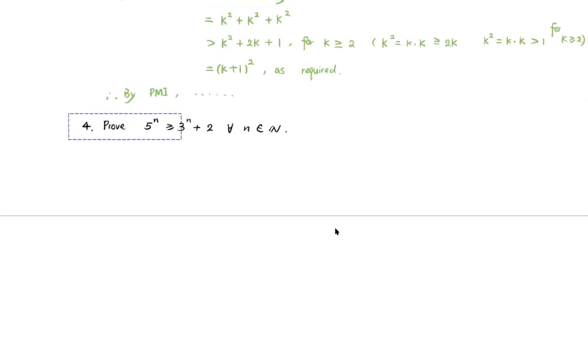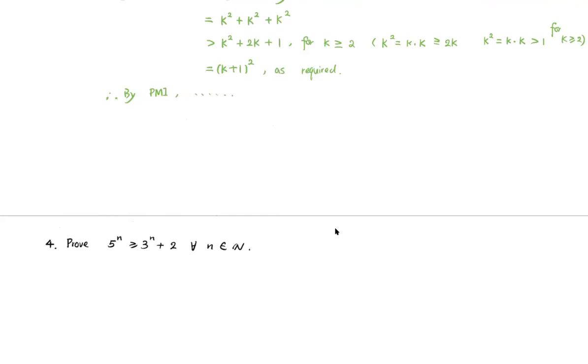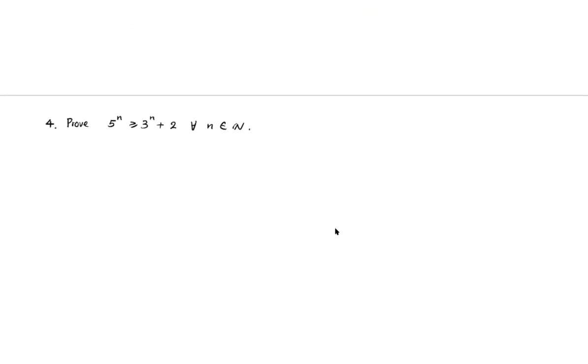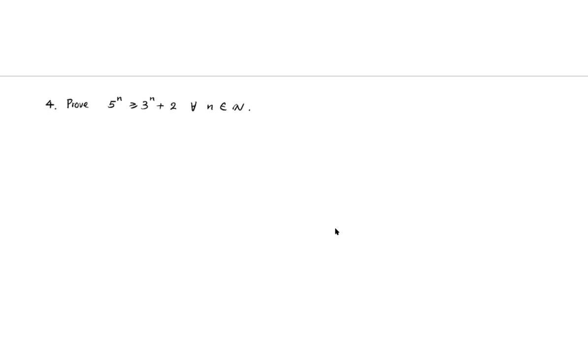Example 4 should be simple enough. Like, how do you define simple? Everyone has a different definition. Again, I'm gonna skip P and base case and IH. Let's do induction directly.